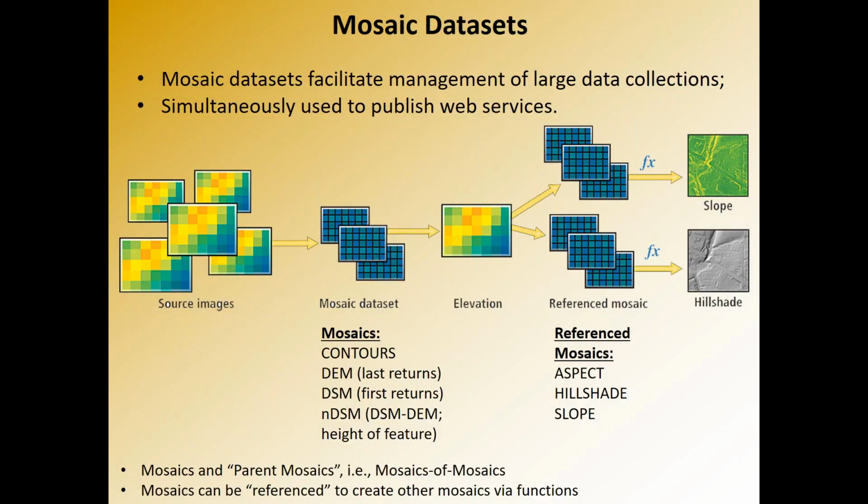So you have the ability to create a reference mosaic, which basically builds on top of that DEM information and allows you to look at slope, hillshade, and aspect.